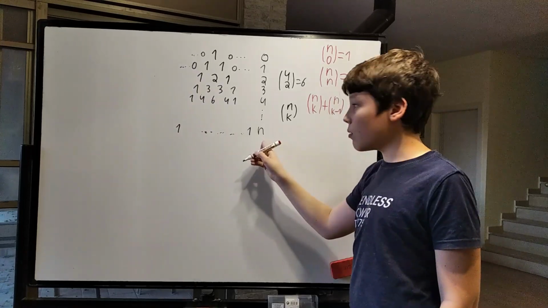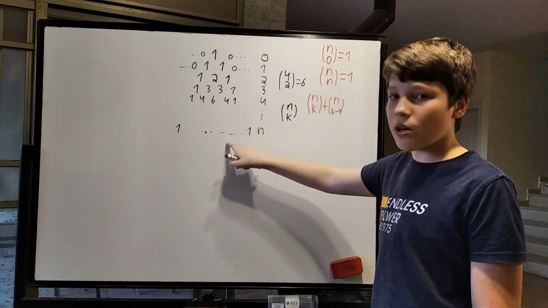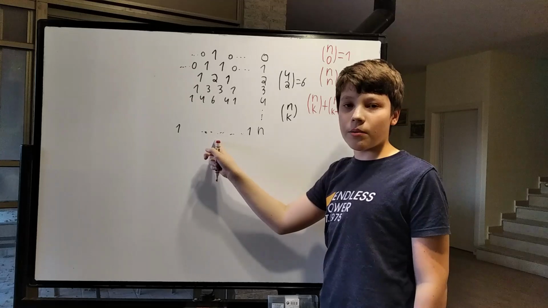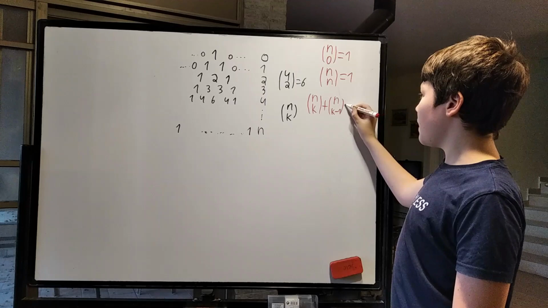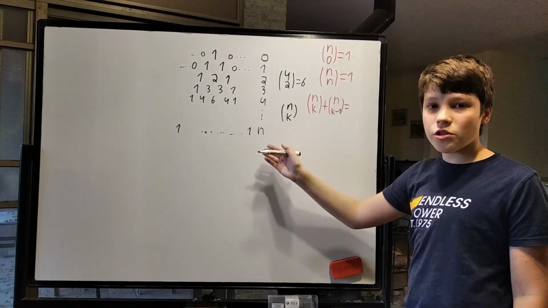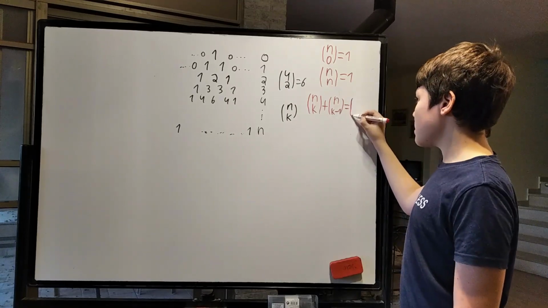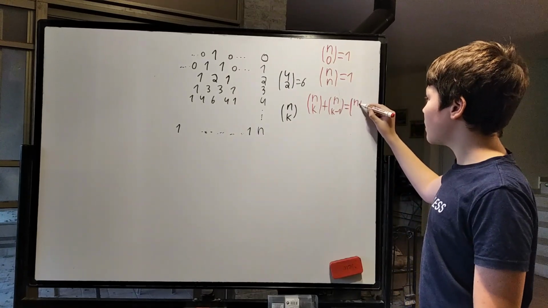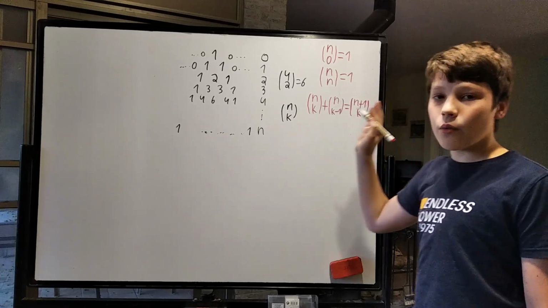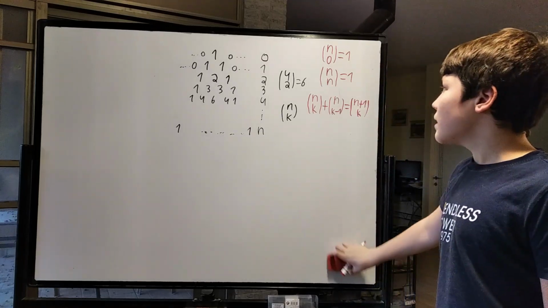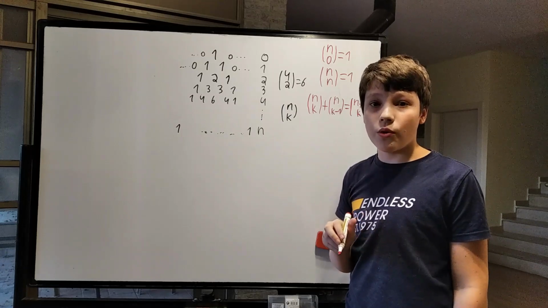So in the nth row, the number where you moved k minus 1 steps, and the next number where you moved k steps, their sum is going to be in the n plus first row if you moved k steps. So this sum will have to be n plus 1 choose k. Now that we have these properties, let's erase all of this and get to actually what we want to prove.